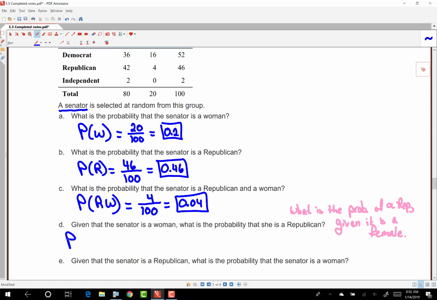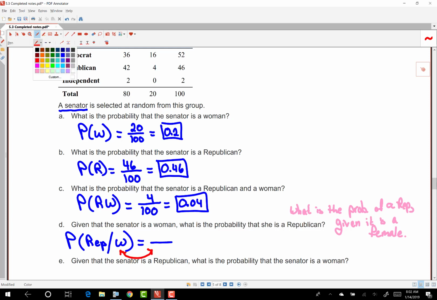So I recommend with these conditional probabilities, first write it symbolically. So we're trying to find the probability that she's a Republican. That's what we're looking for, given that it's a woman. So that's what we're given. And whatever you're given is going to give you your denominator. Remember, we talked about that. So the denominator comes from the given condition.